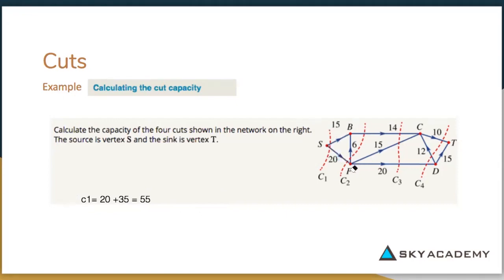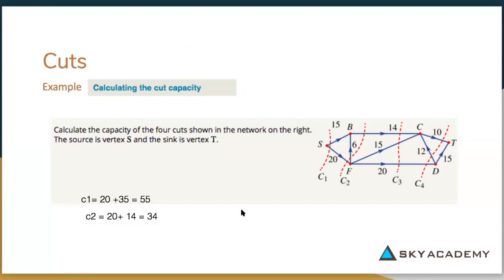It's flowing up. And so we will not count it in our cut 2. So our cut 2 will just be S to F, which is 20, plus BC, which is 14. So that cut would have a total of 34 because we are not counting BF.